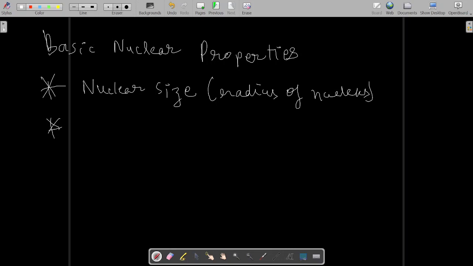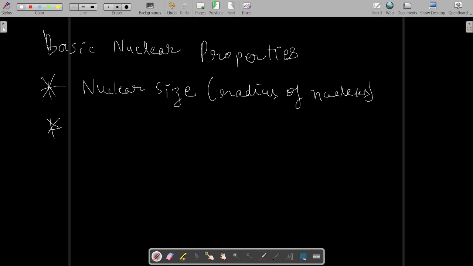But right now, assume that nuclear size and radius of nucleus are about the same thing. Depending on the shape we will say whether it is size or radius. If it is a spherical nucleus, we will call it radius. Otherwise we will call it nuclear size. But in general we use radius of nucleus.